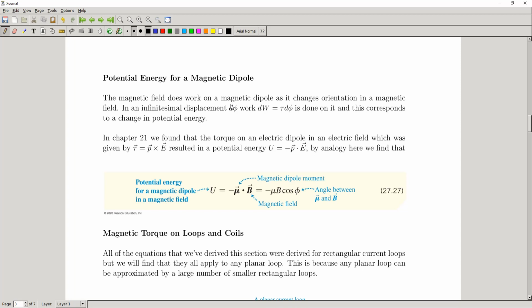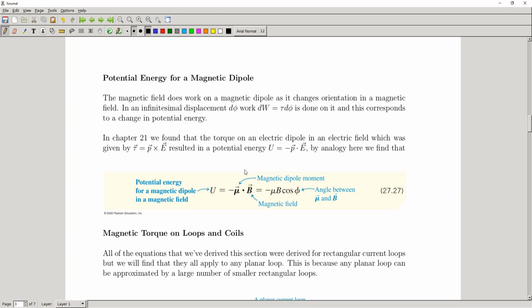As we did in chapter 21 for the torque on an electric dipole in an electric field, where we defined a potential energy given by this expression here, we're going to do the same thing here and define a potential energy for our magnetic dipole.